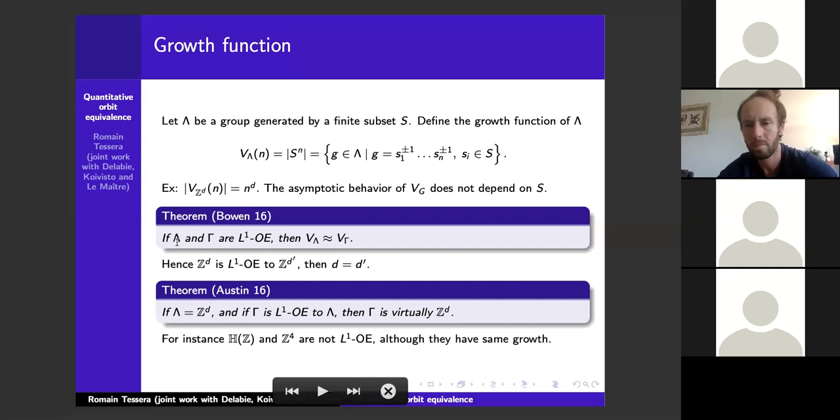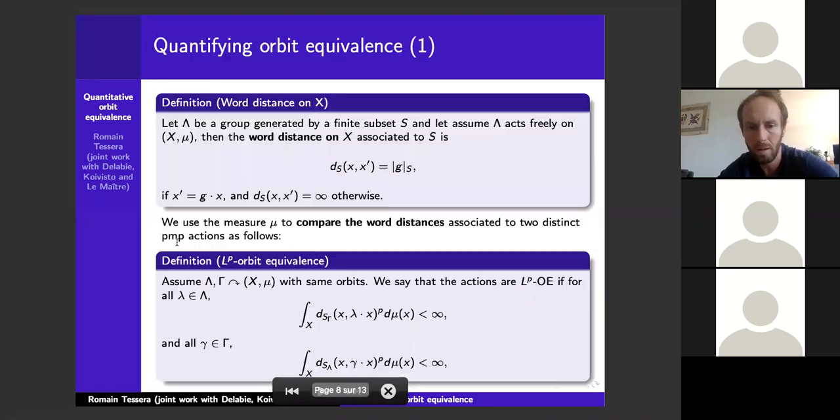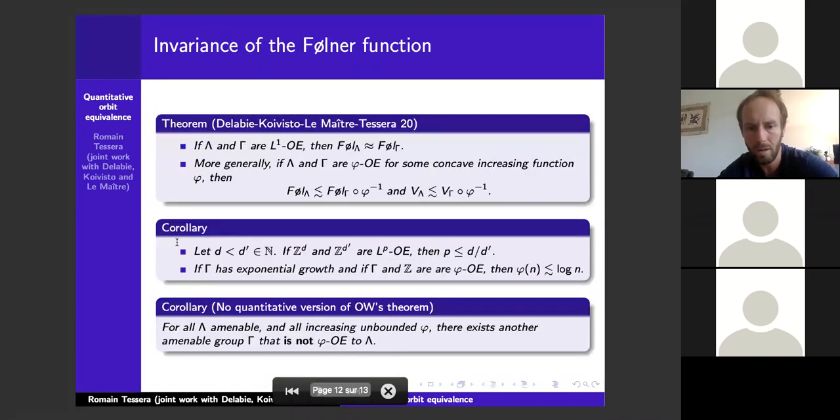So you always know how to find a formula for this function? What we know how to do, using the second line of the theorem, is give an upper bound on the phi for which you can be phi-OE, because the slower the phi, the less demanding it is.